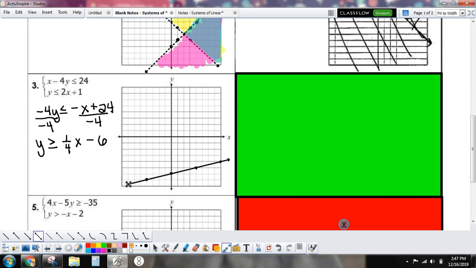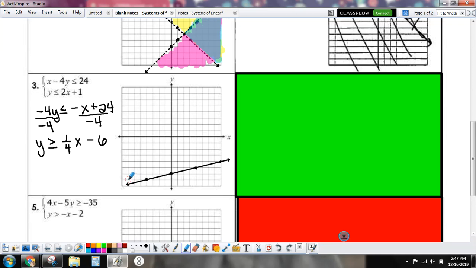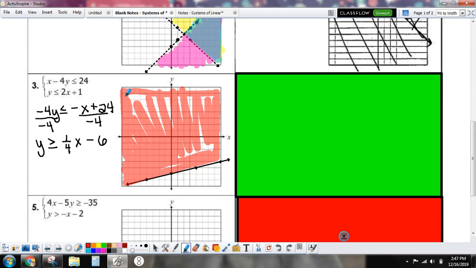And then it is greater than, so I'm going to shade above. You don't have to shade as exact as I am, but it's up to you. So that's for this one. Now I'm going to go ahead and graph this one.